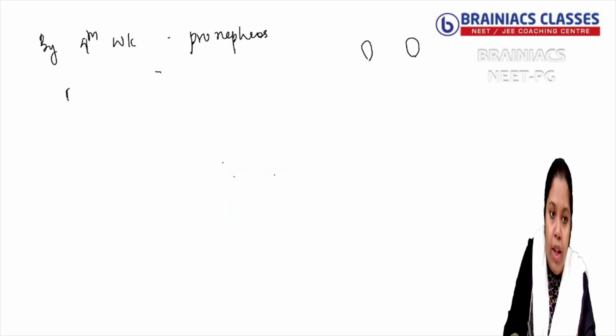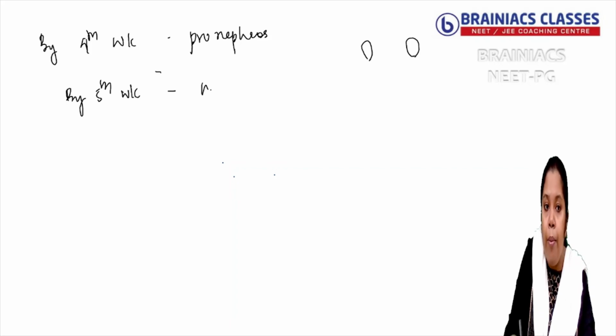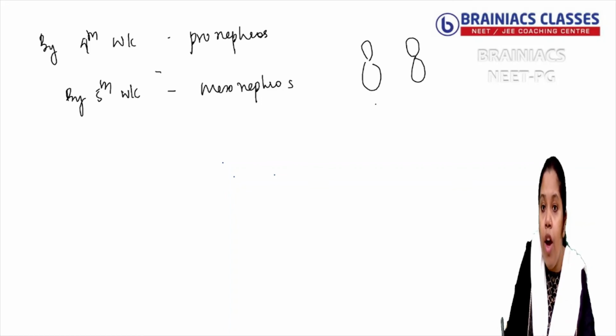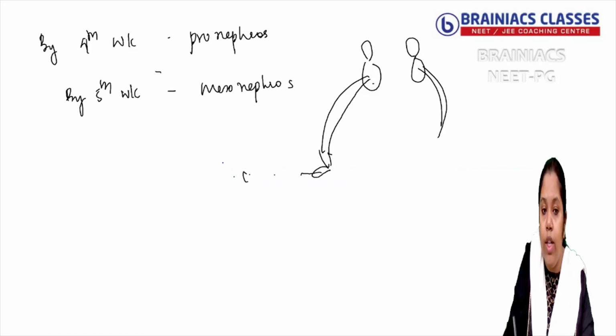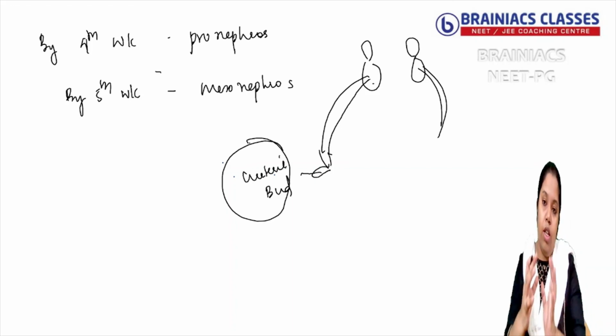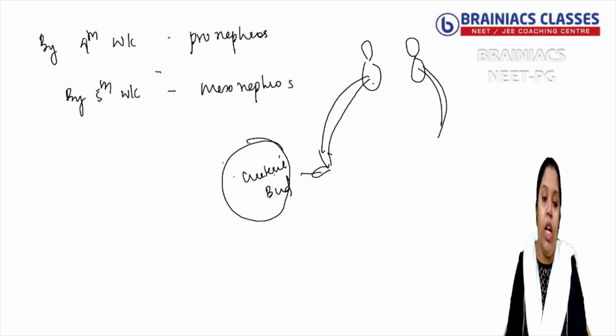By the starting of the 5th week, the mesonephros is formed, and the mesonephric duct is formed from the mesonephros. This mesonephric duct will give rise to a diverticulum called the ureteric bud. This structure is very, very important because some parts of the kidney develop from the ureteric bud.